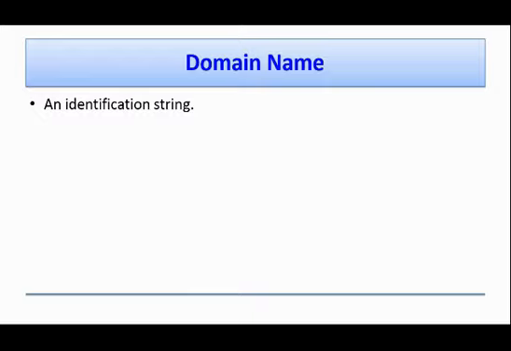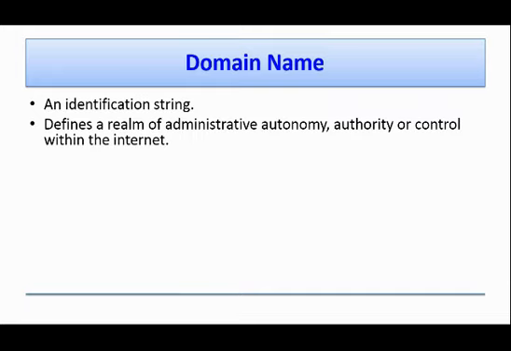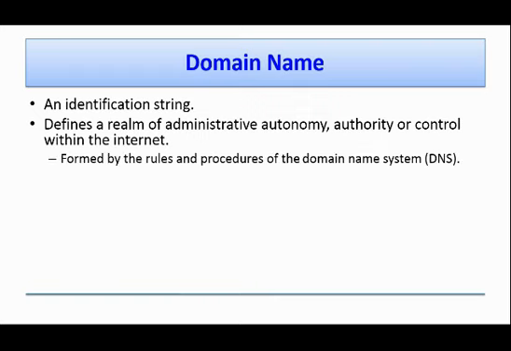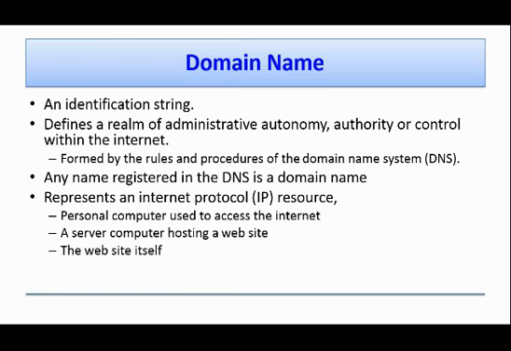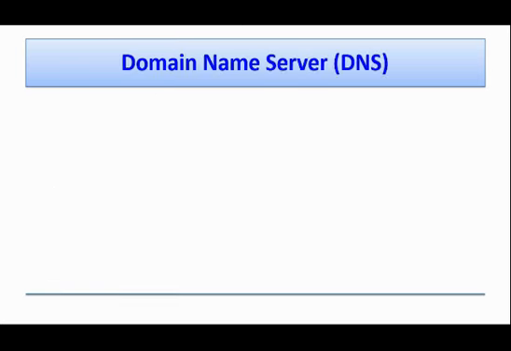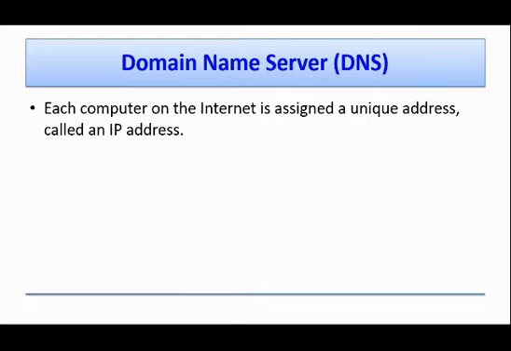So what is a domain name? That is also an identification string that defines a realm of administrative autonomy, authority, or control within the internet. This is formed by the rules and procedures of the domain name system, or DNS. So any name registered in the DNS is a domain name. Actually here I'll explain this in another way.